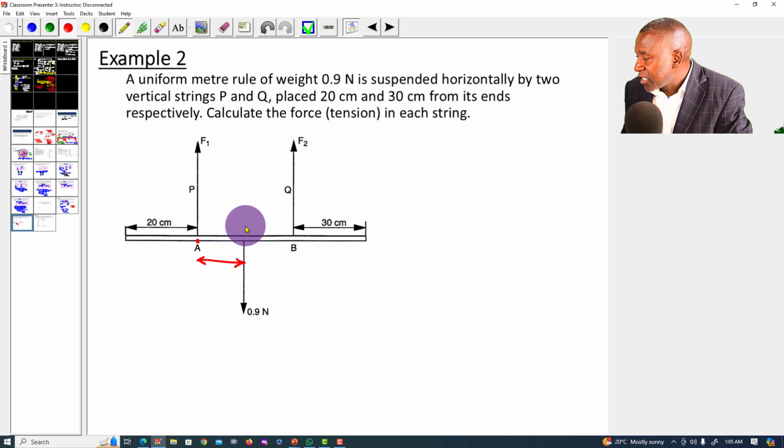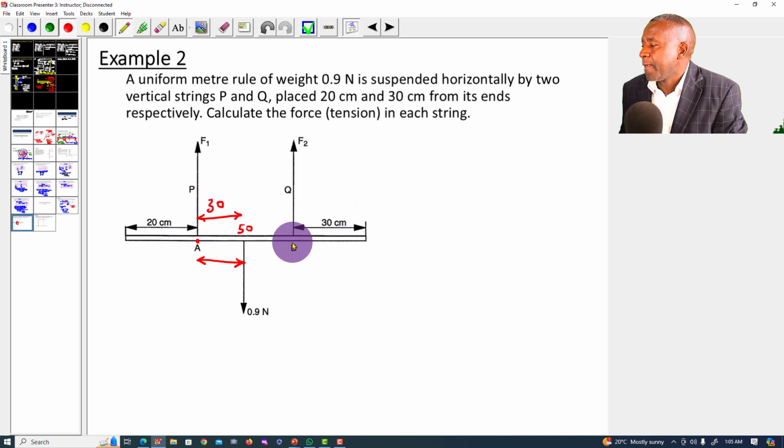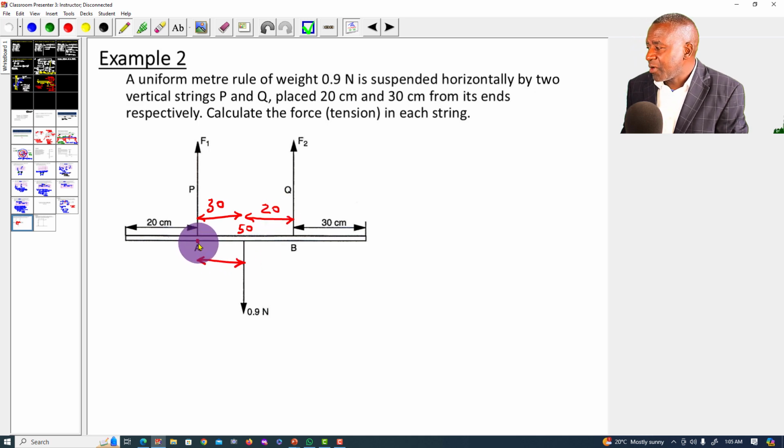This is the 50 centimeter mark. That means that this distance here is 30 centimeters. If this one is 30, it means that this one here is 20.